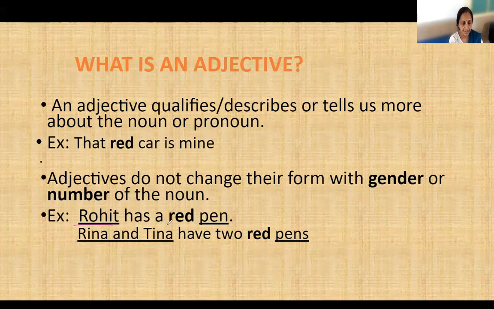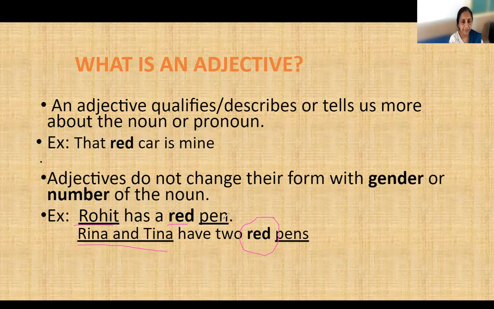But the adjective is red in this sentence as well as in the next sentence where the subjects are females. Reena and Tina, they are females, but you can see that the adjective red remains the same in the next sentence as well.